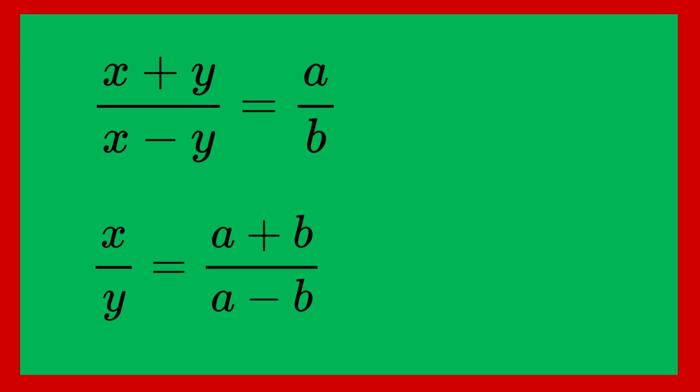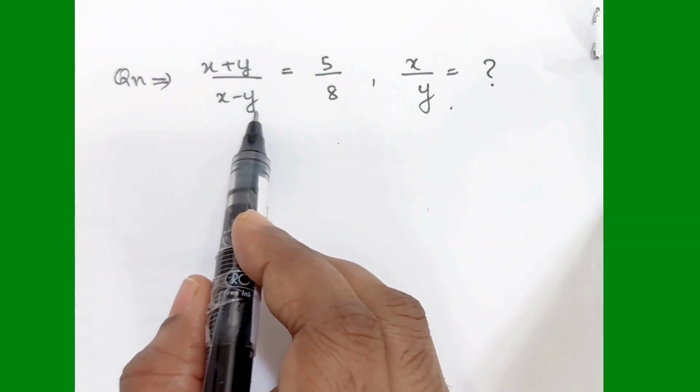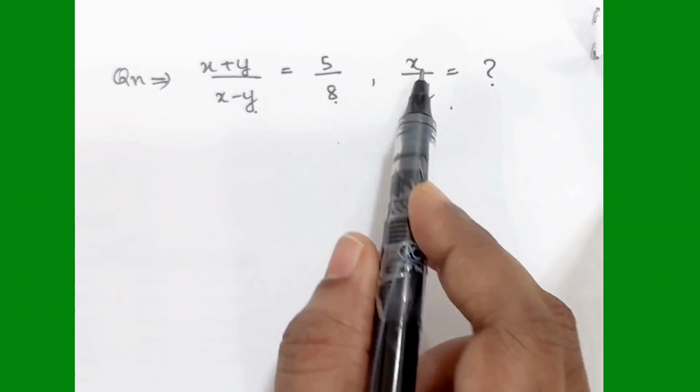Third tip. If (x + y)/(x - y) is given in the form of a fraction like a/b, then to calculate x/y, we can just add and subtract the numerator and the denominator. That is, x/y is equal to (a + b)/(a - b). We are given (x + y)/(x - y) is equal to 5/8.